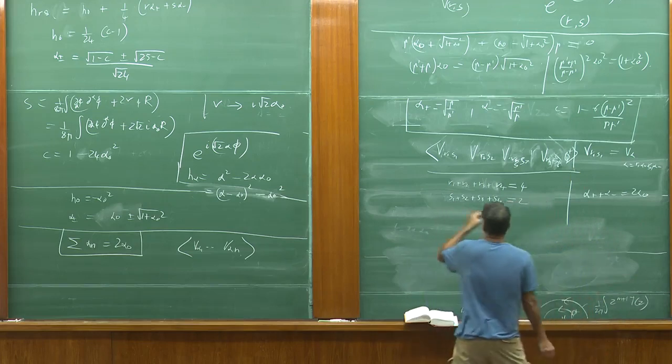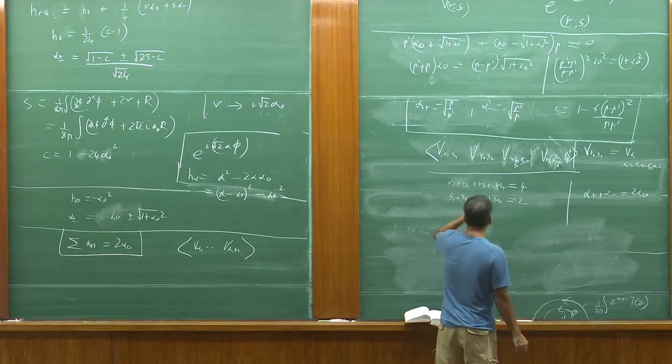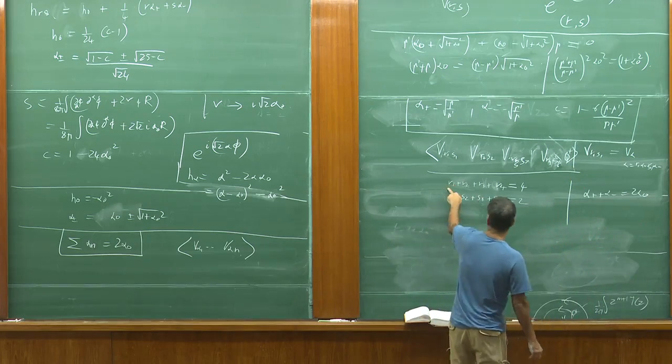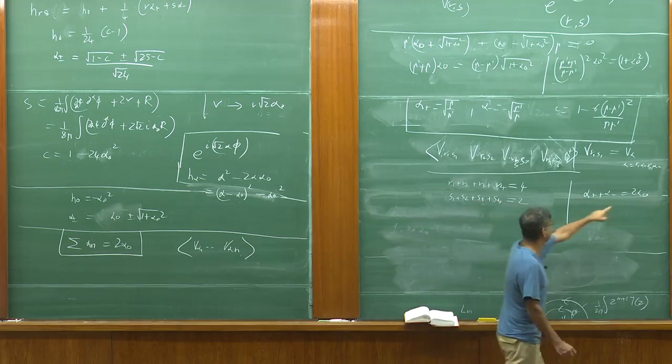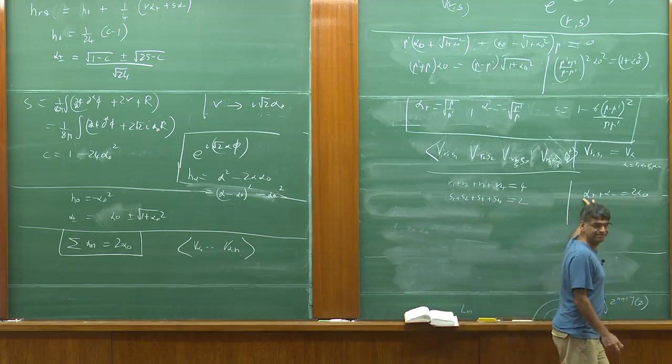So what we need is that this thing should add up to 2 alpha naught, which means that the sums of the r's should add up to 1.